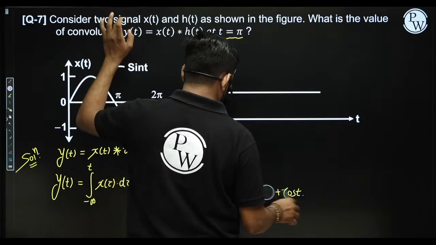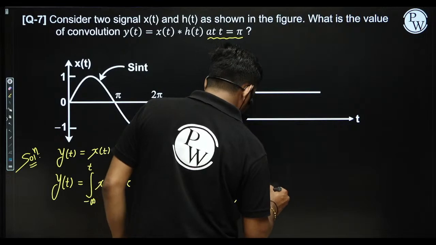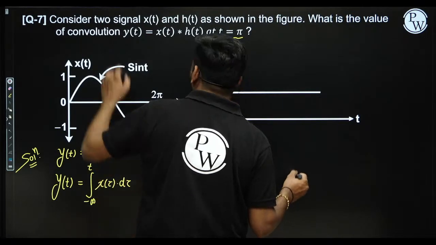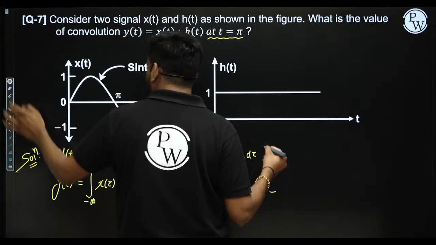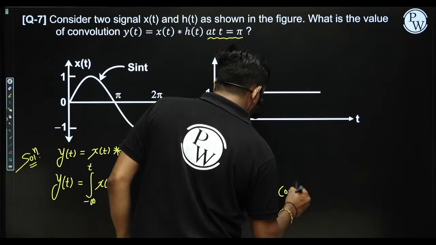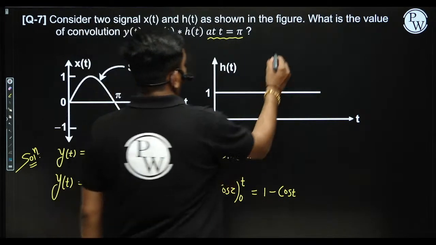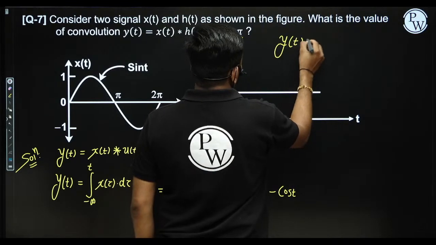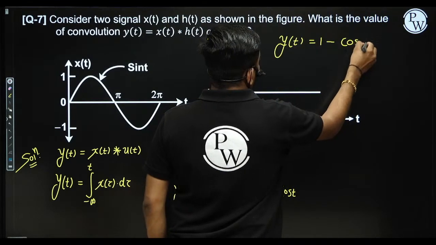Okay, sorry, my mistake. It is 1 minus cos t. So we got y of t equal to 1 minus cos t.